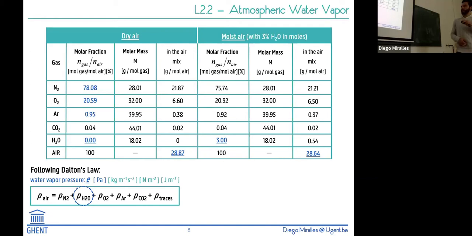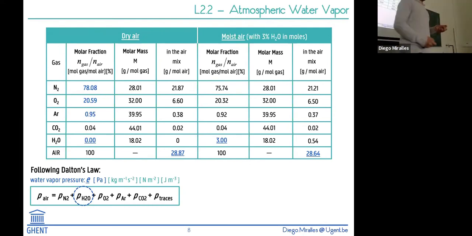When you add, for instance, 3% of water, since the percentage of the others is decreasing, you end up with a lighter air. So moist air is not heavier, it's actually lighter. So when you have air with water vapor, the air becomes lighter, okay?